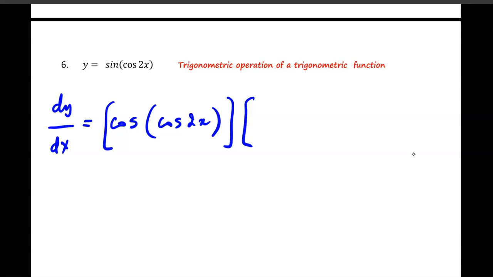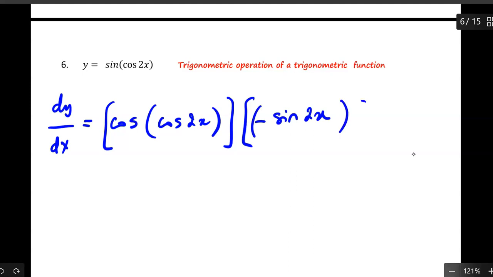The argument in this case is cos of 2x, right? So the derivative of cos of 2x will be negative sine of 2x. And then you multiply this by the derivative of the argument, which is 2.